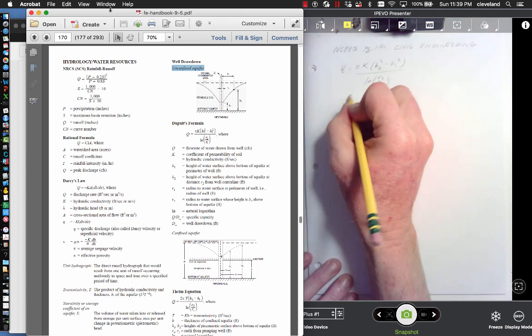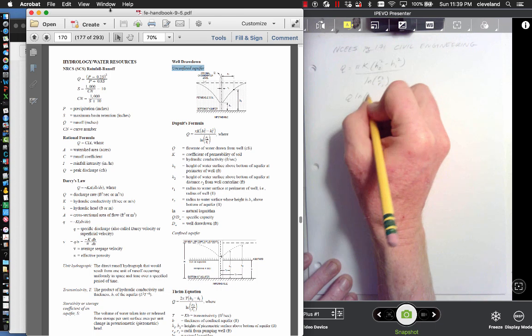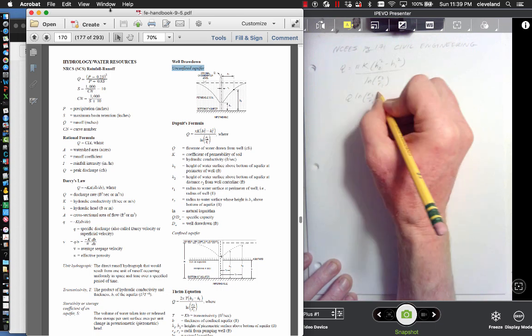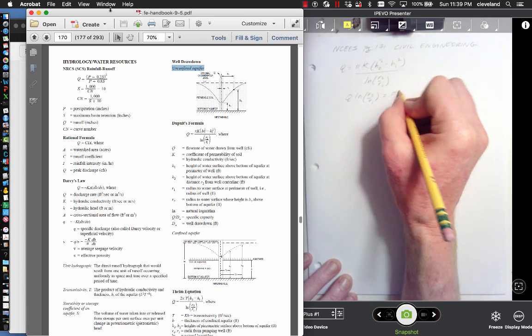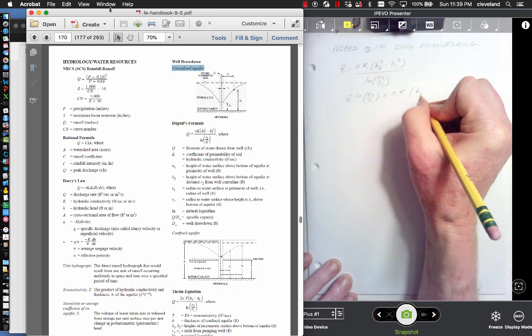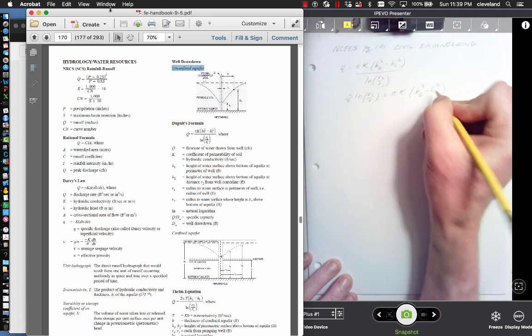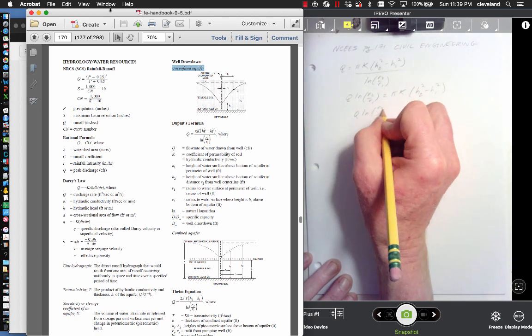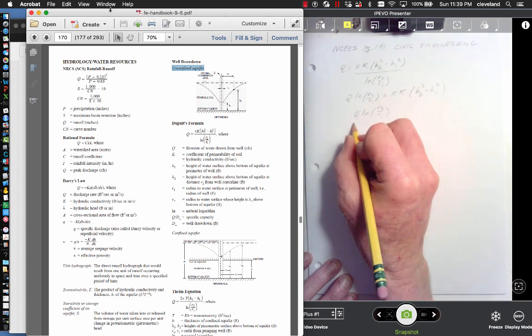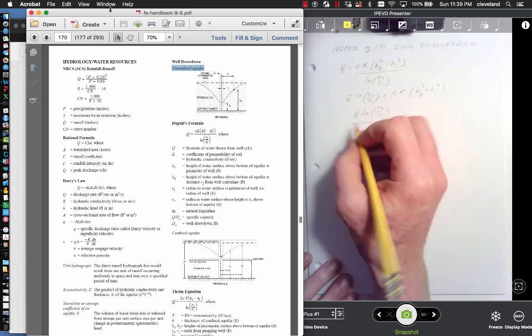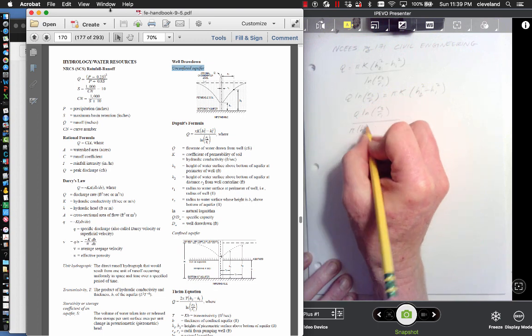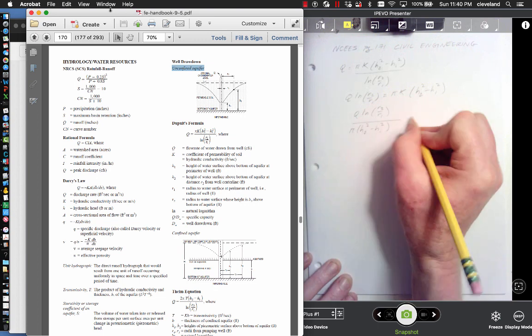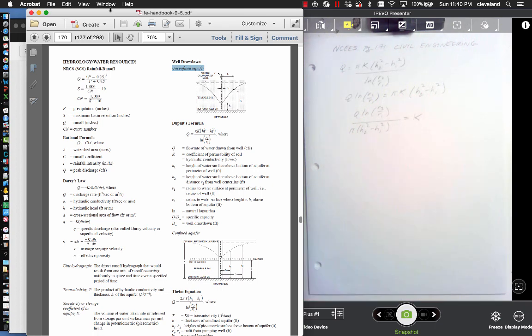Let's rearrange this for K. Q times the natural log of R2 over R1 equals pi K (H2 squared minus H1 squared). So Q log R2 over R1, over pi (H2 squared minus H1 squared), equals K.